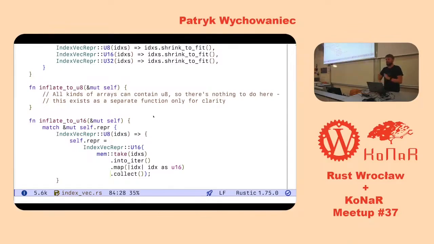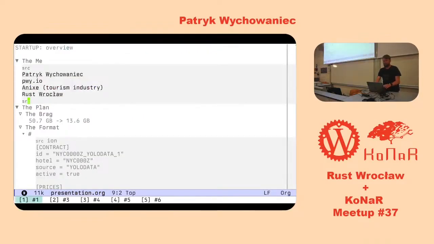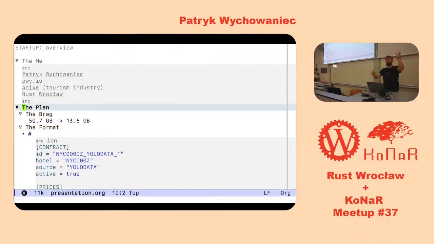And like I said, this allowed me to shed 10 gigabytes of the RAM that was used basically on storing zeros in the database because we had a vector of usizes. And this is not even the final form, because today I realized that you can actually do even better, because you can just use a bitmap, in the sense that we store all of those prices, but we don't care about their order.